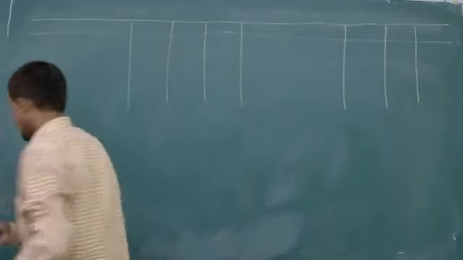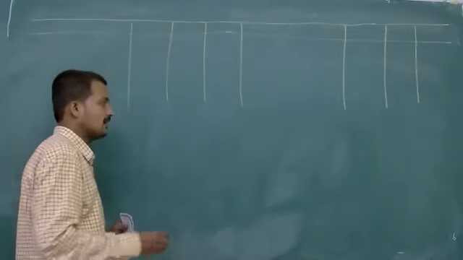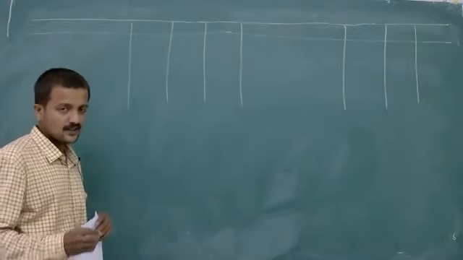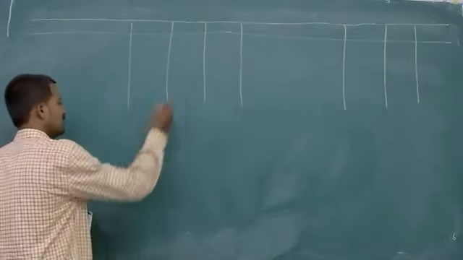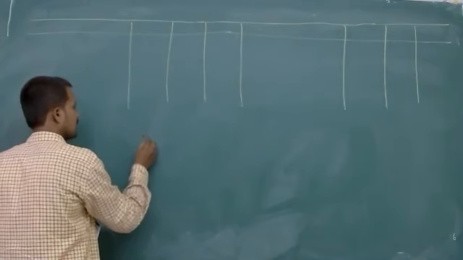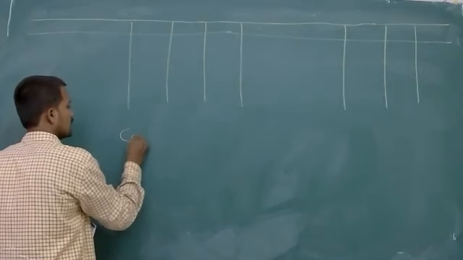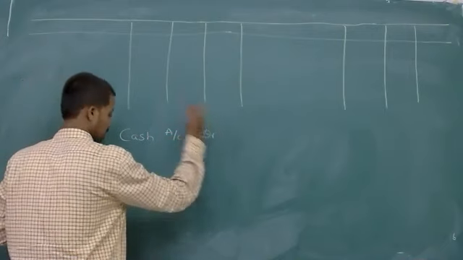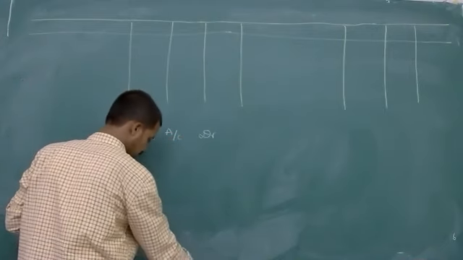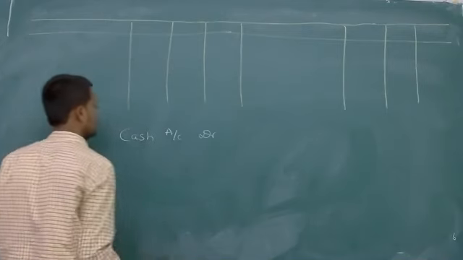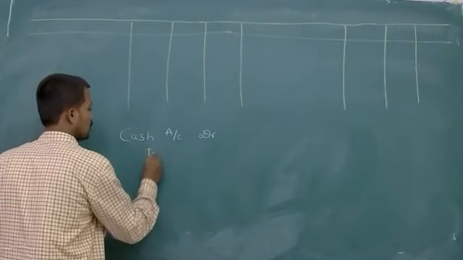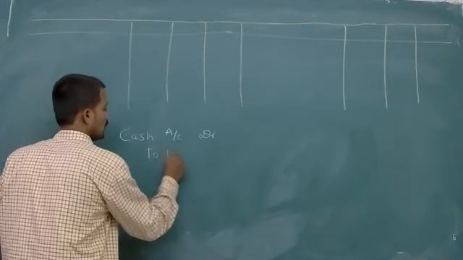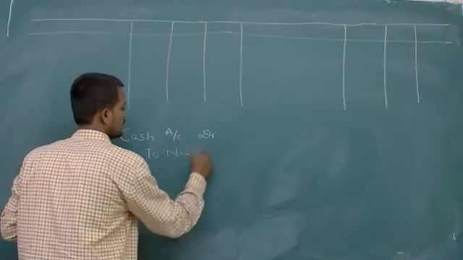When the goodwill is brought in cash, the first journal entry which we need to pass is cash account debit to new partner's capital account.